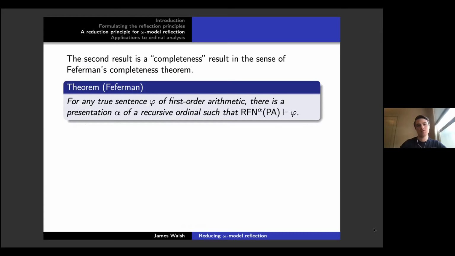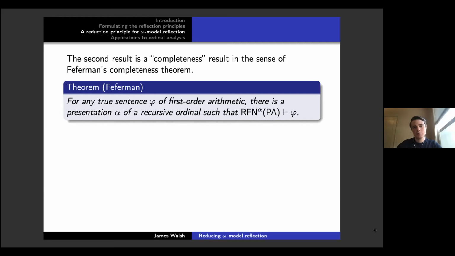Now the second result is a completeness result in the sense of Feferman's completeness theorem. Feferman proved that for any true sentence phi of first order arithmetic, there's a presentation alpha of a recursive ordinal such that you can prove phi by iterating the uniform reflection schema up to alpha, starting with PA.